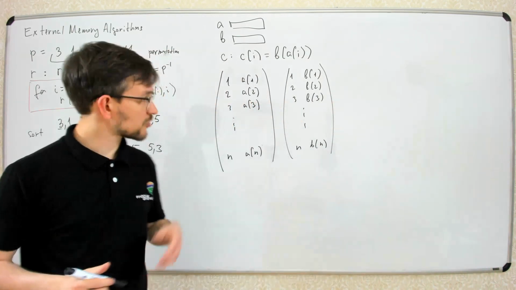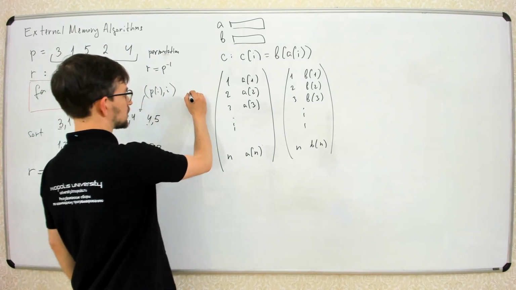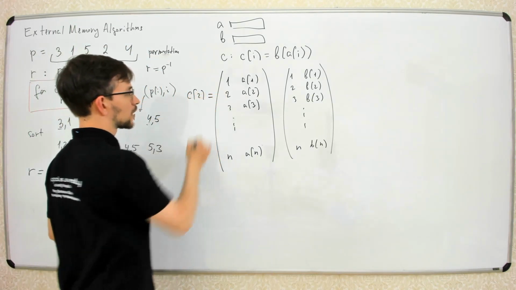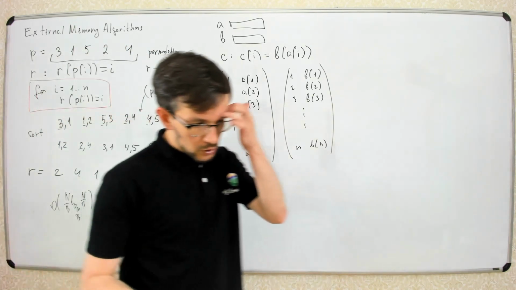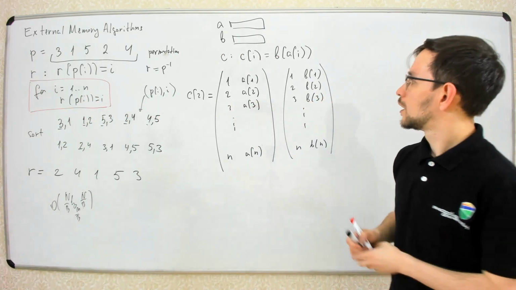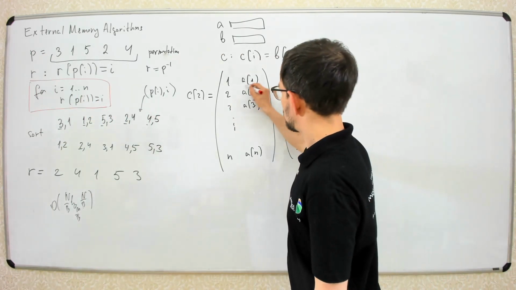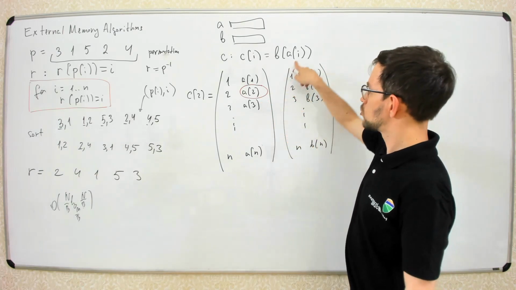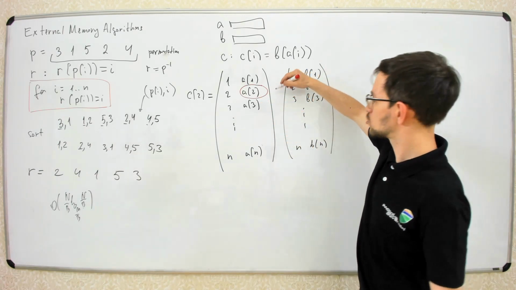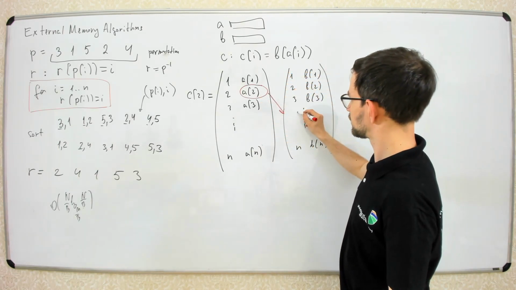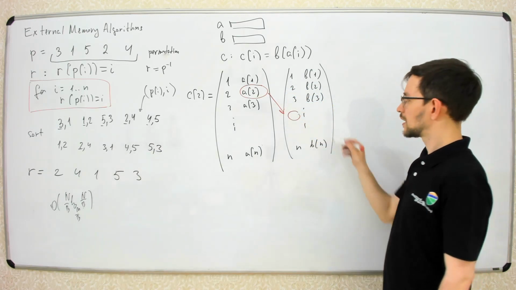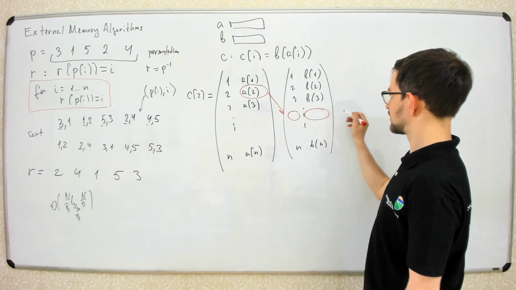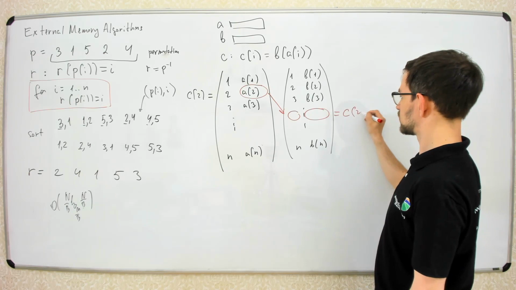Now, how to construct array C? When you want to make some element, C2, what's going on? You take this element A2. Now use this element as an index in array B, so you go to some position here, and take this element as C2, right?